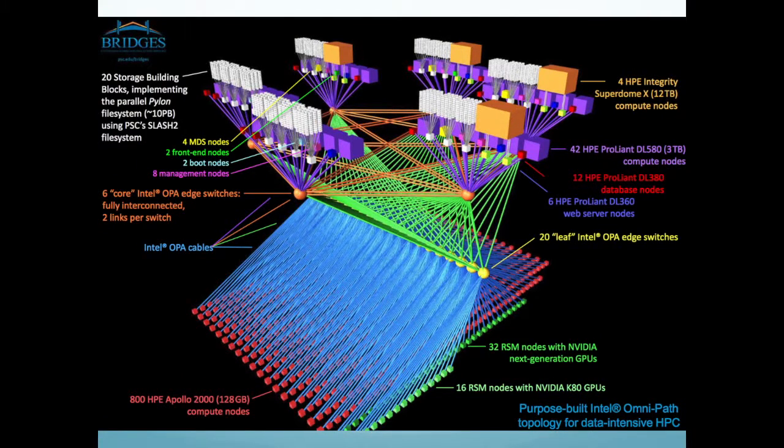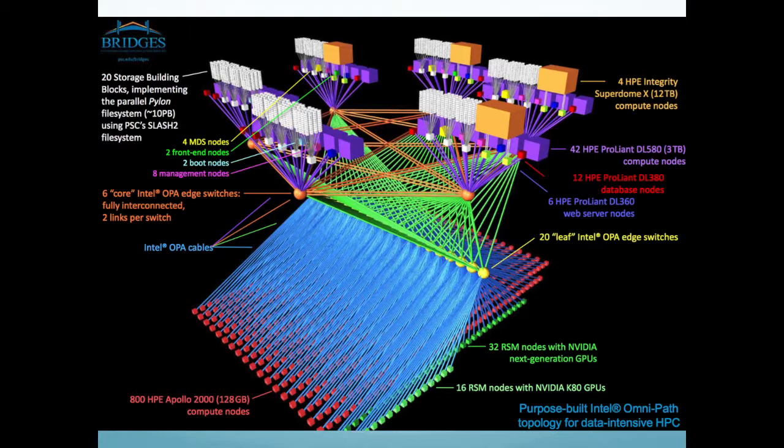So this is a fancy, colorful graphic of what the Bridges computational resources look like. As you can see, the bulk of it is actually on the bottom. They have 800 nodes that are capable of running a lot of data crunching applications.